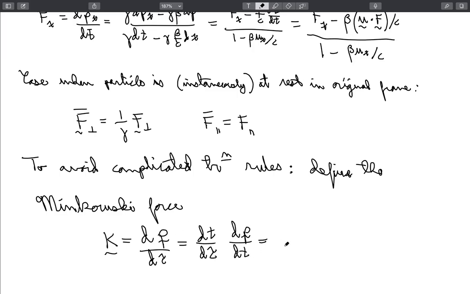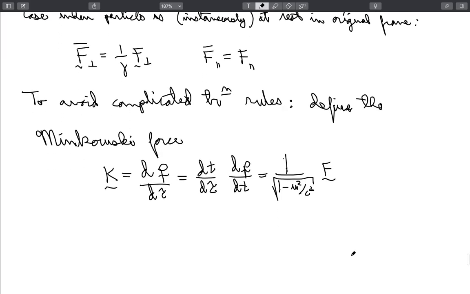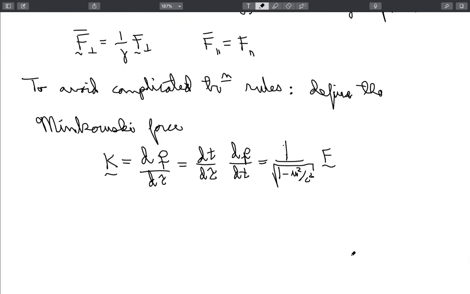And these two independently we've calculated: that's just the gamma factor, 1/√(1 − u²/c²), times the force. So that's a quantity that transforms more beautifully than the original force.